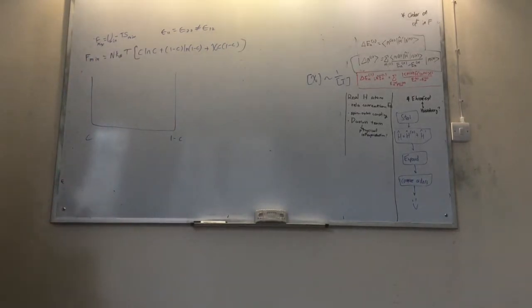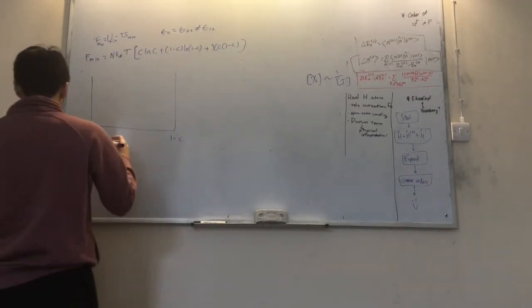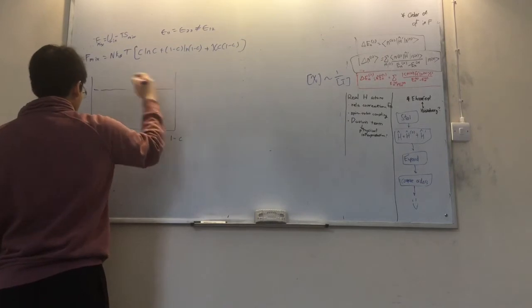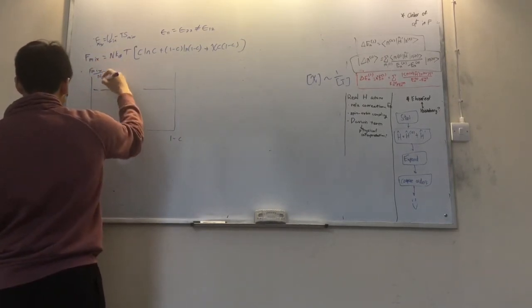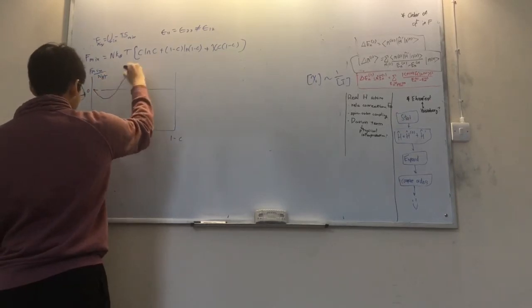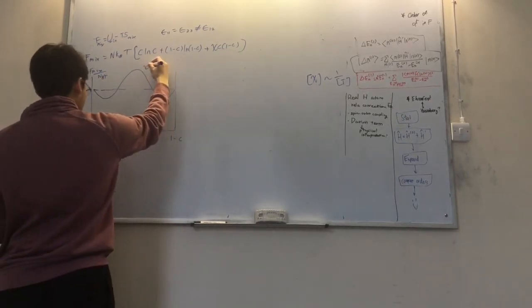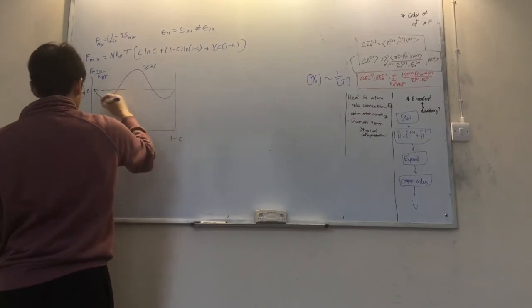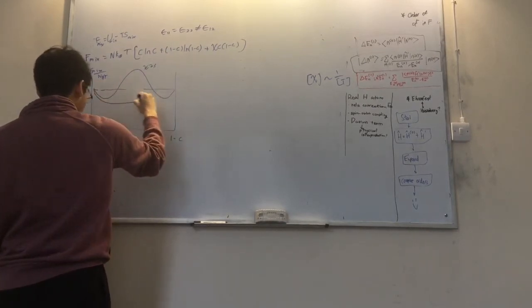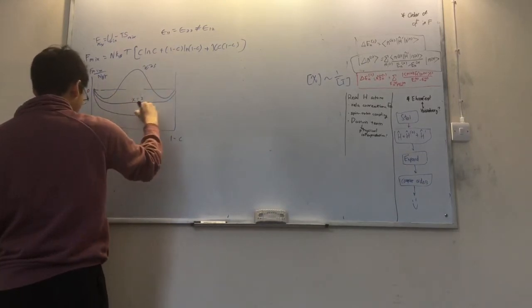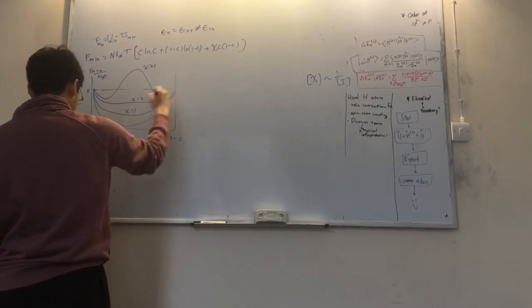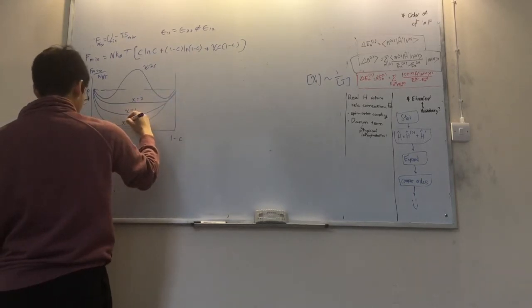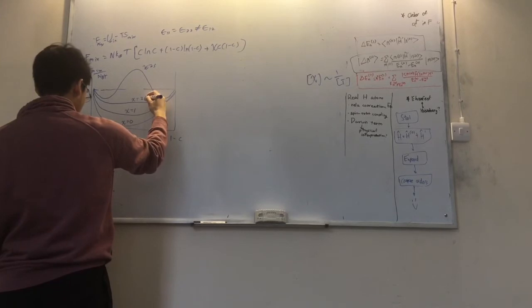So if we plot f mix over N kB T, we get something that looks like this. This is for chi equals 3, then chi equals 2, chi equals 1, chi equals 0.